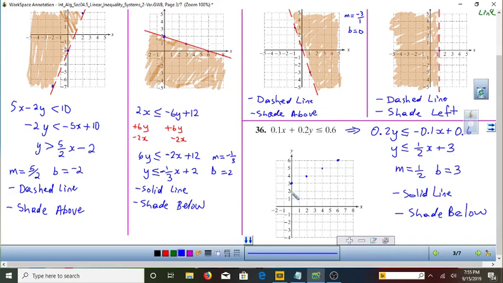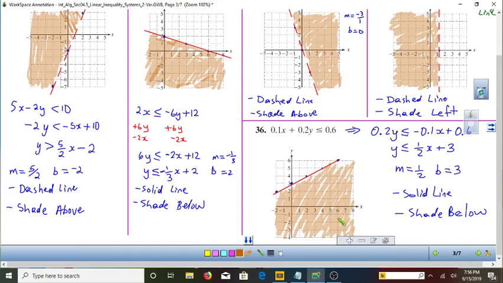Can even go down 1 to the left too. It's the same deal. And we're drawing a solid line here because it's a less than or equal to. Well, and if it's a less than or equal to, then we're shading below the line. I start on the line and I shade below. And there we have it.